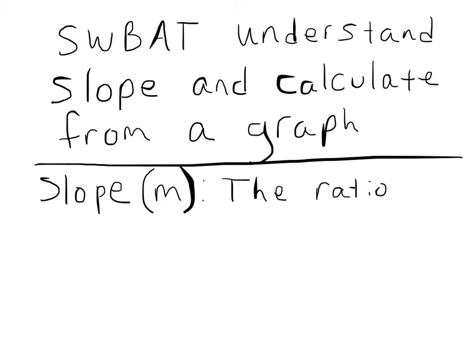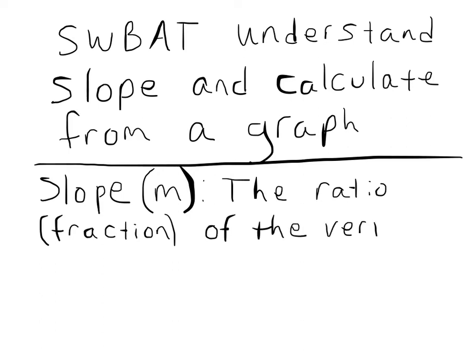In most cases, what we mean by ratio, remember ratios can be written as a fraction. So slope is the ratio or the fraction of the vertical, and let's remember vertical means up and down.